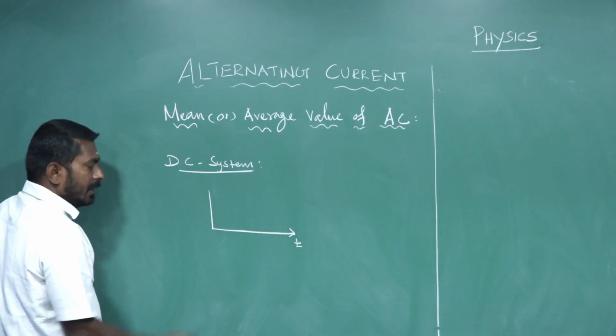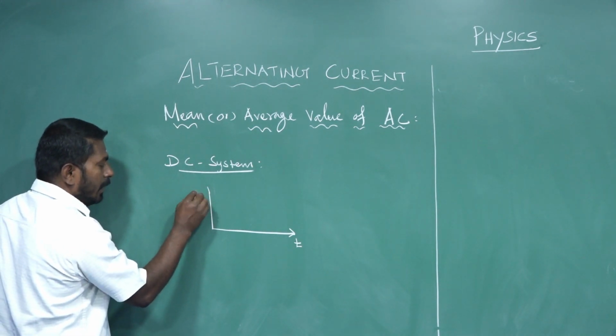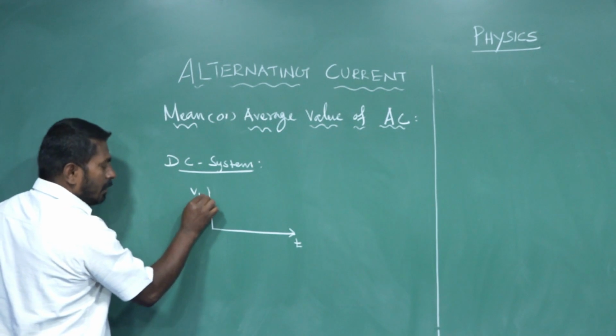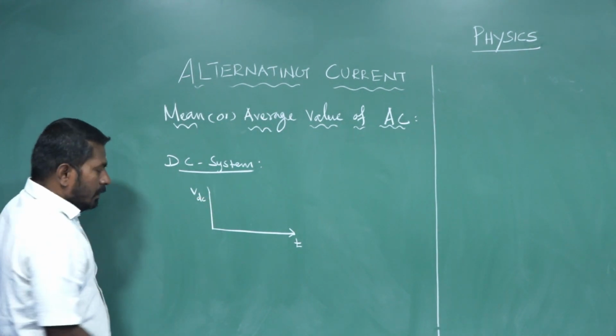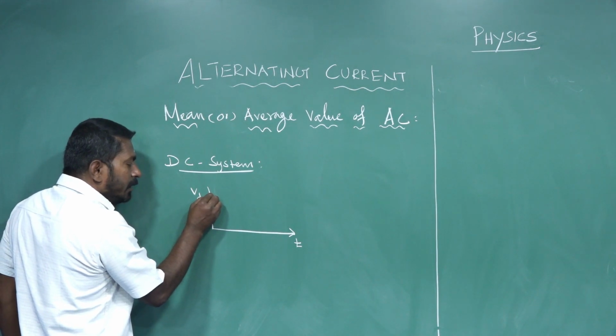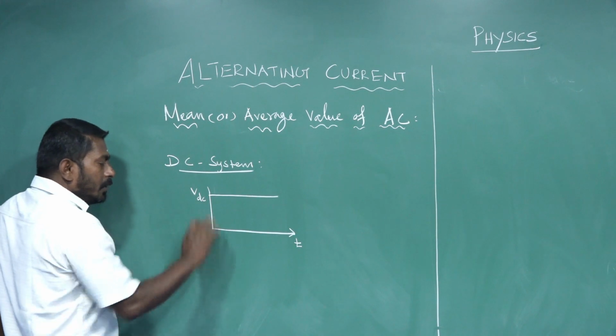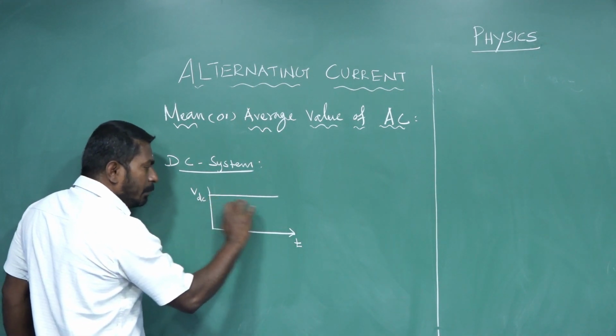time value is taken on the x-axis, DC voltage value taken on the y-axis. See, with respect to time, the magnitude of DC voltage will not change. So the magnitude of DC voltage remains constant.